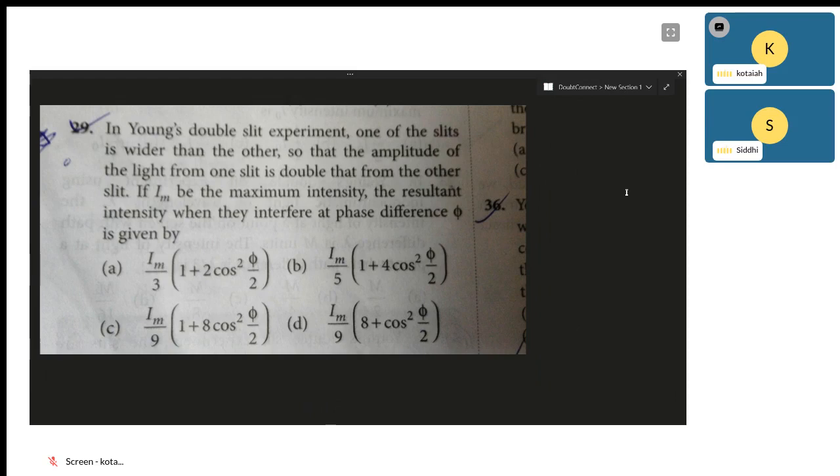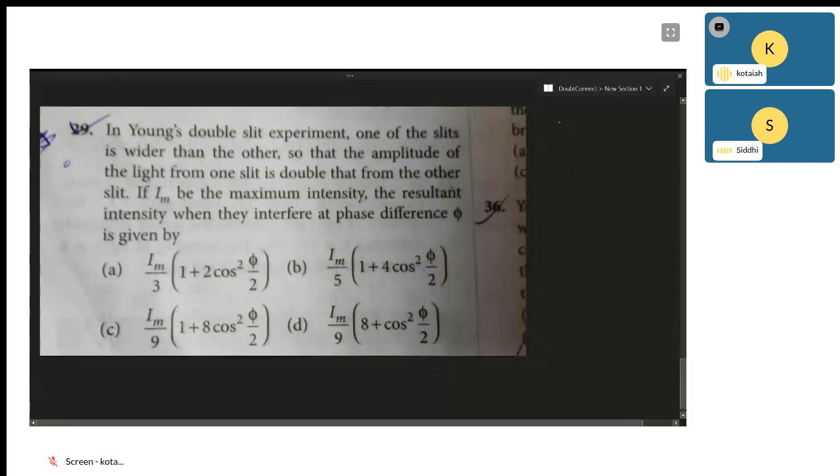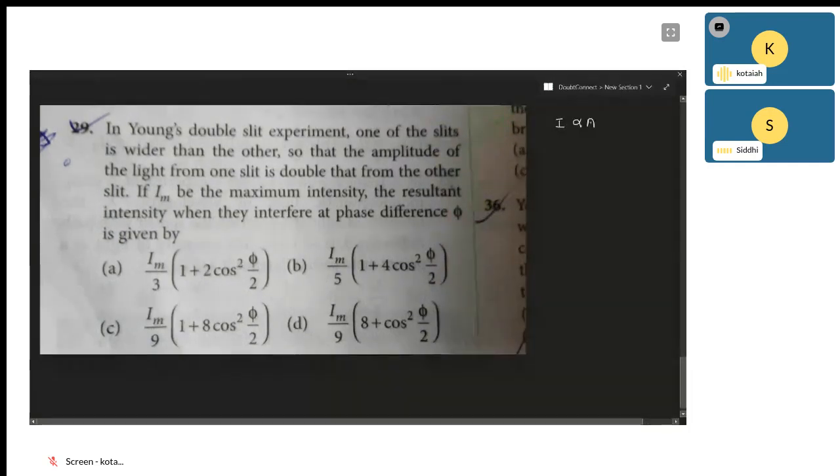Now, usually we know that intensity is proportional to square of the amplitude, right? Okay. Now in the question they have mentioned very clearly, one slit is wider than the other. So obviously amplitude will be different. Now he has mentioned very clearly amplitude of one will be double that of the other.